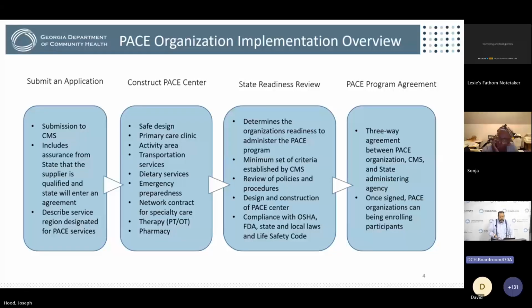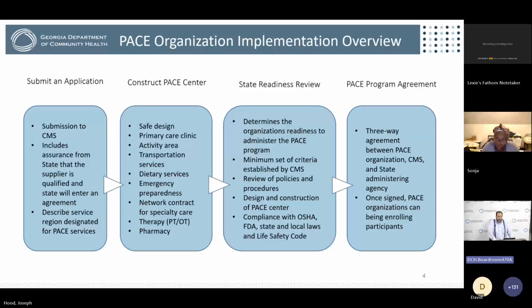We have to go through the state readiness review. That's where the state goes out and determines the readiness of this PACE program to be in operation. There is a minimum set of criteria established by CMS for that. We have to review policies and procedures, design and construction, and compliance with OSHA, FDA, state and local laws, including life safety code.